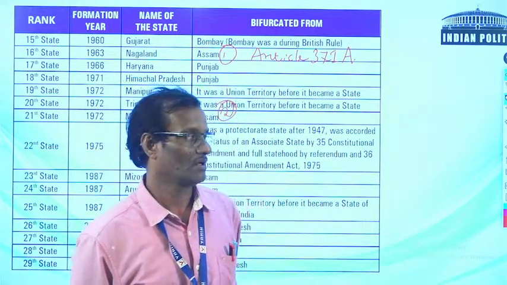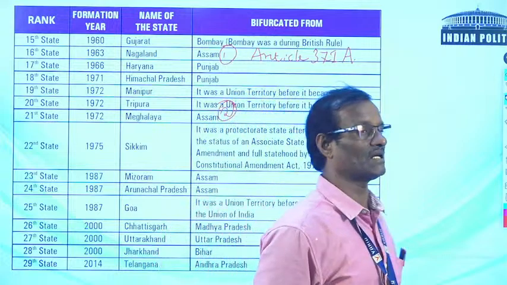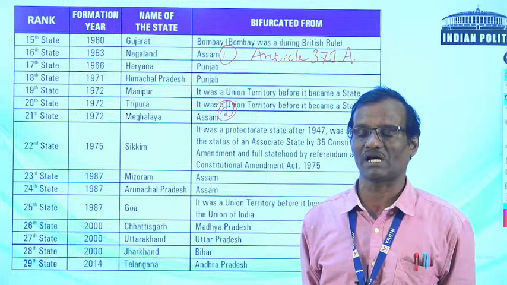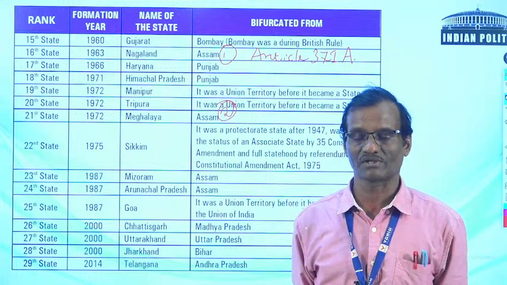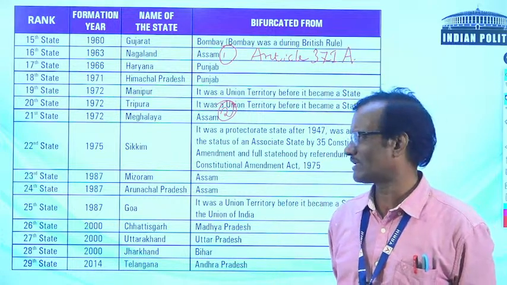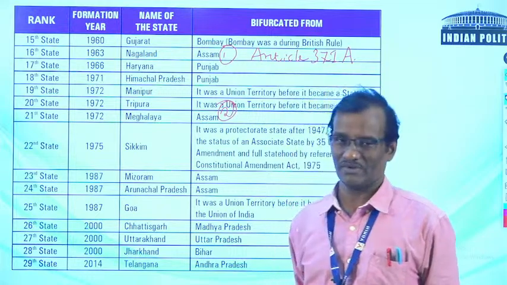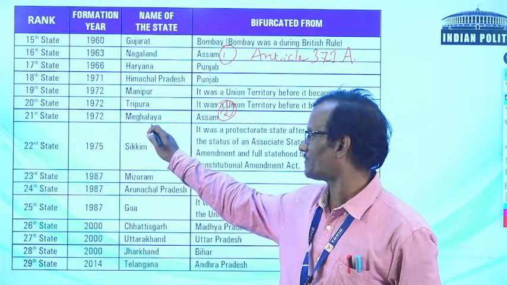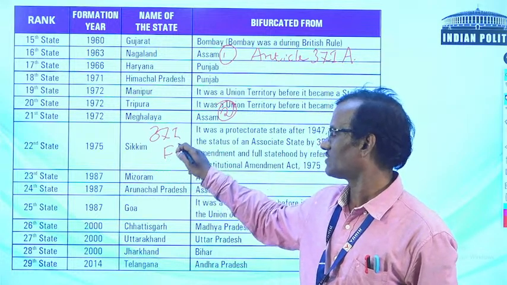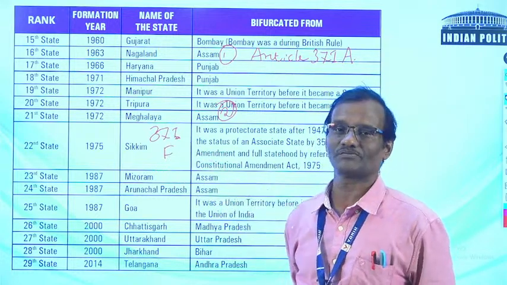But immediately the amendment was nullified, and the 36th Amendment Act was brought by Parliament, which conferred full statehood on Sikkim. And Article 371F has been added to grant special status to Sikkim.